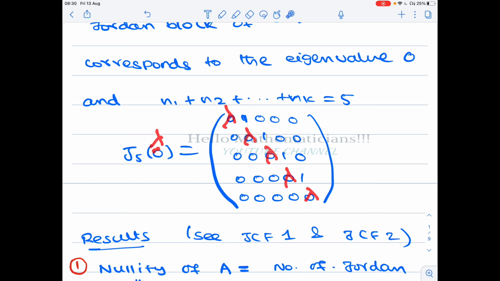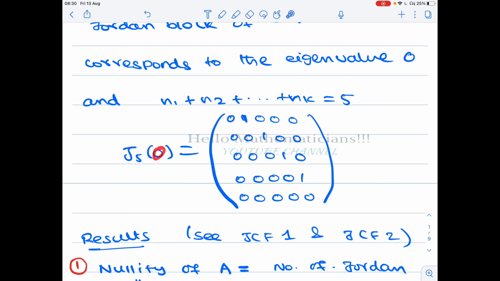Since this is 0, in the diagonal we are getting 0. Usually a Jordan block is an upper triangular matrix and the diagonals are the eigenvalue that it corresponds to. Above the main diagonal, which is called the super diagonal, all the entries should be 1. That is a very important condition. If it is a 5 by 5 block, then in the super diagonal there will be 4 ones, and everywhere else it is 0.